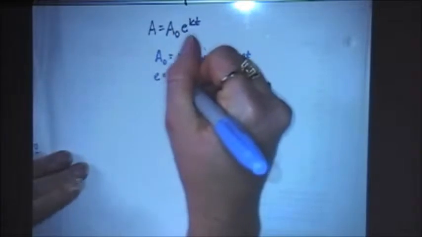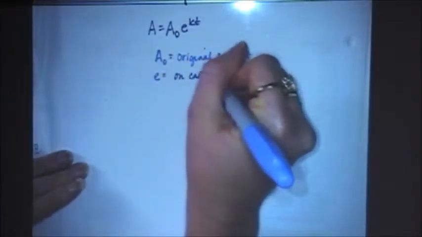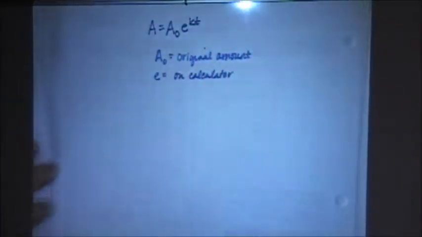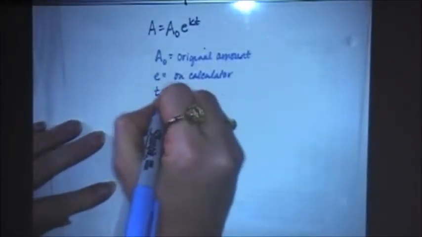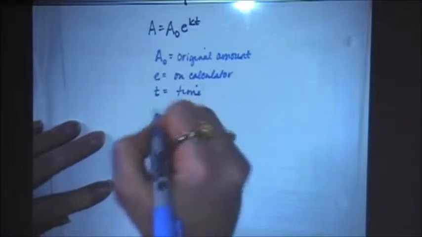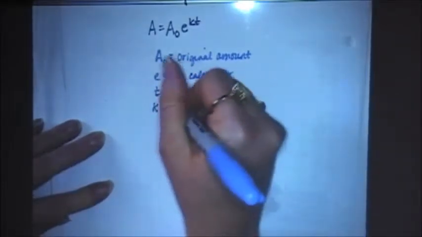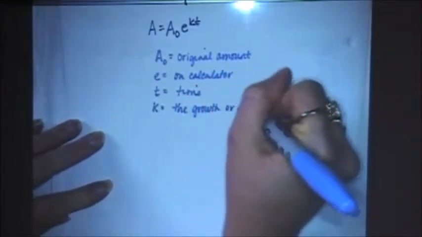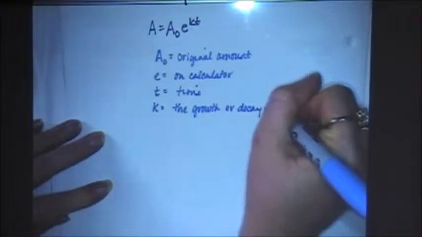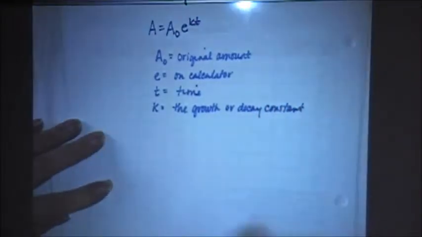It's like pi, but it's on your calculator. It's right above the division bar, I think. T, of course, is time. And K is the growth or decay constant, depending on whether it's a growth or decay question.